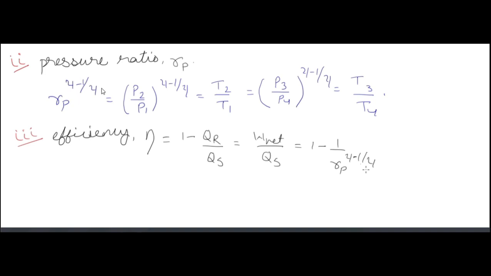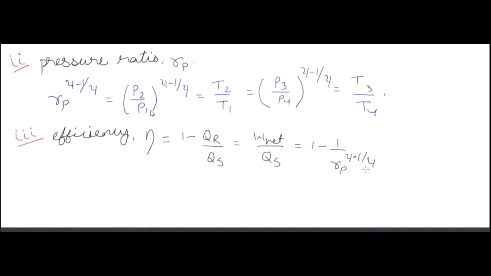Rp is equal to P2 by P1, which is the pressure ratio. P3 by P4 is also the pressure ratio, because both compression and expansion have the same pressure ratio. So P2 by P1 is equal to P3 by P4, and this is the relation that we get in the adiabatic process.